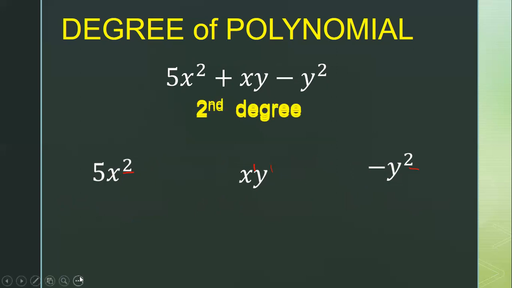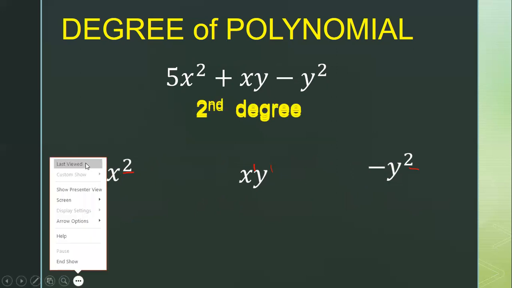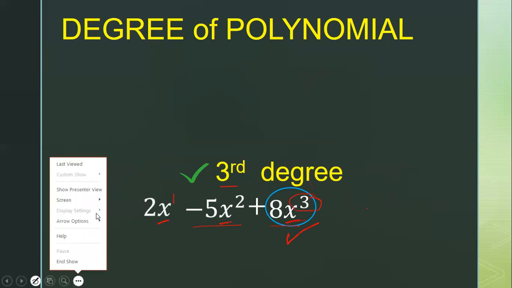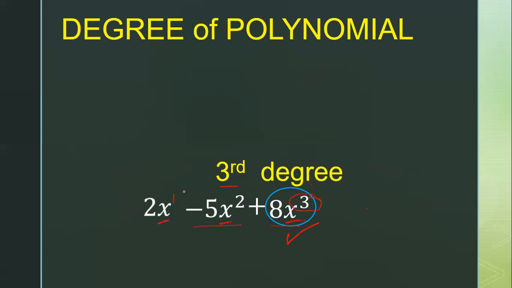Our previous example has different degrees in each term. It has 1, 2, and 3. In this case, we get the highest degree.